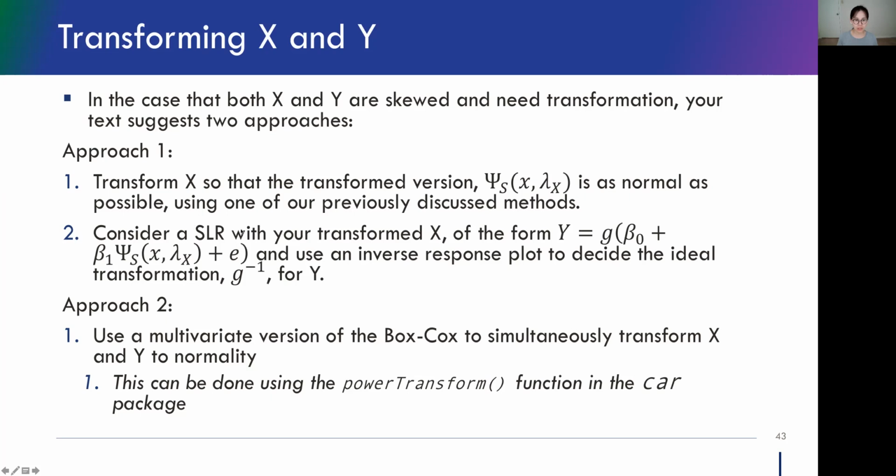The first one is that you transform X so that the transformed version, psi S, is as normal as possible. You can use any of the previously discussed methods, power transform, BothXY, or even a square root can make X closer to normal.